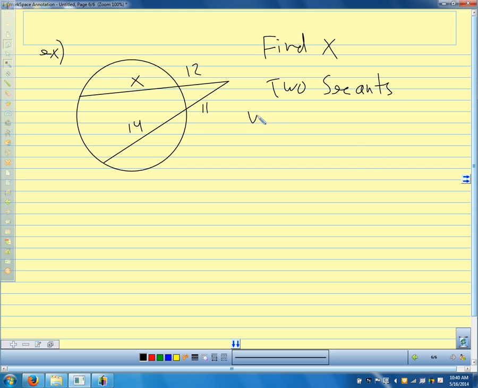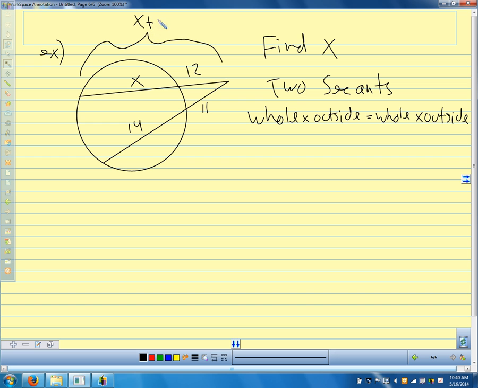We're going to use the whole times the outside. Whole times the outside. So what is the length of that whole segment? How do we find the length of this whole segment? X plus 12. We add those two pieces together.